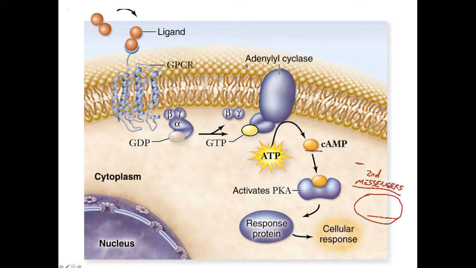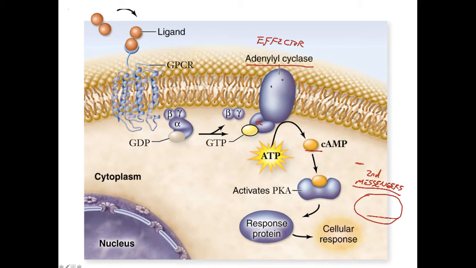One of these effector proteins that can be activated by an active alpha subunit, an alpha subunit bound to GTP, is adenyl cyclase. Again, this is an effector protein, adenyl cyclase.